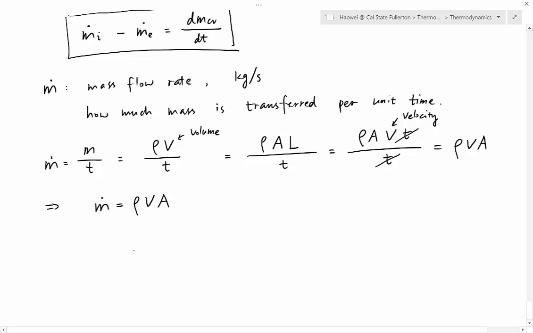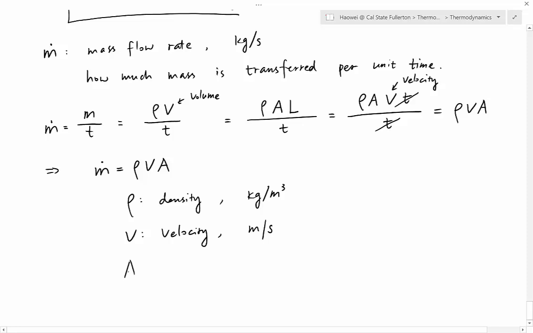Okay, where rho is density, density of the fluid. The unit is kilogram per cubic meter. And V here is velocity, velocity of the fluid. The unit is meter per second. And A is the cross-sectional area of either the inlet or outlet.